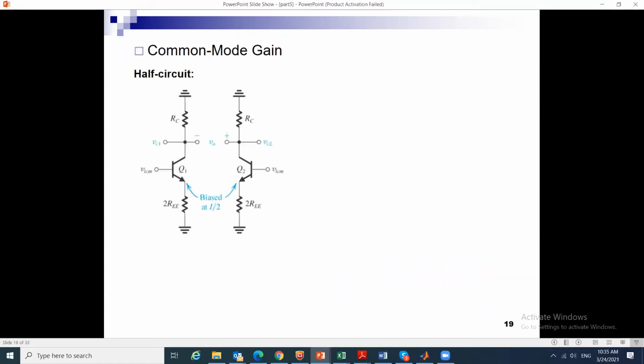Now for the common mode gain, he does not derive it with REE. He starts with this circuit, where I have a current source at the bottom, and I have the two circuits, and I have here VICM, and on this side VICM.